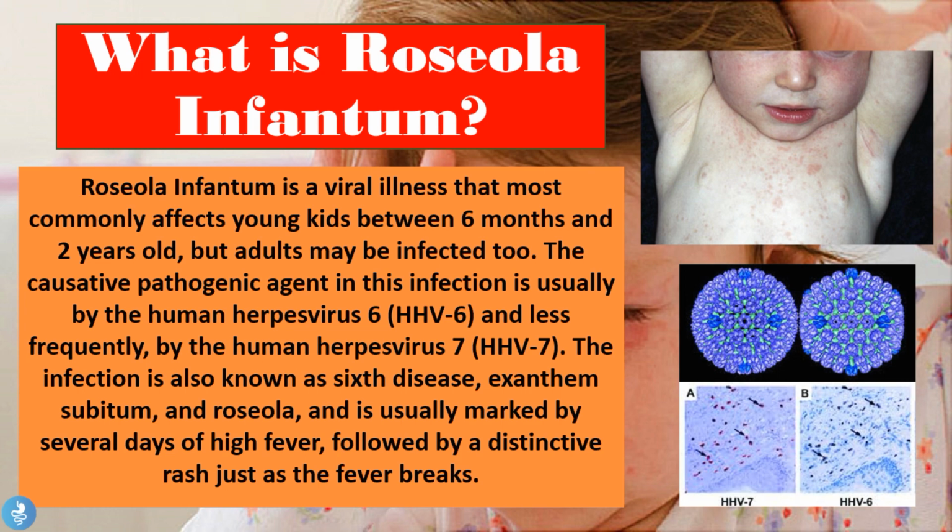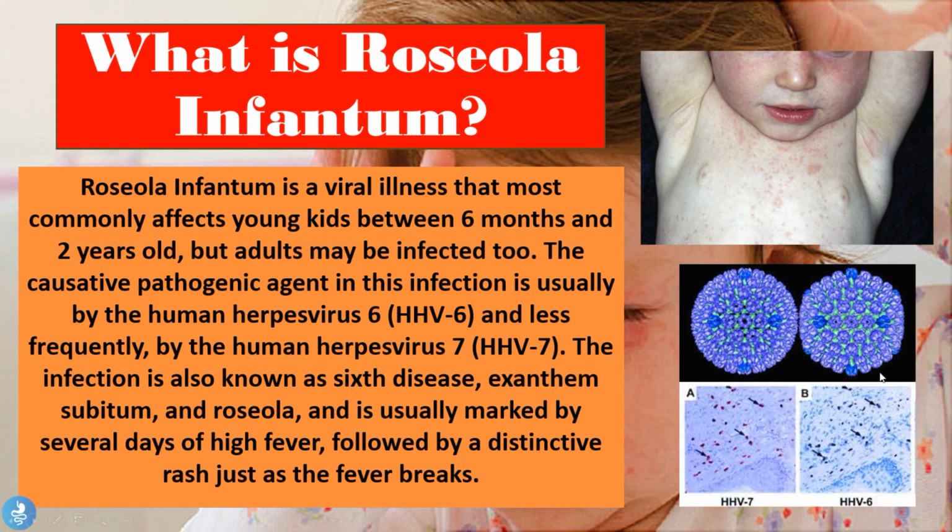So from this definition of Roseola infantum, we get that it's actually a viral illness that most commonly affects children under the age of 2, and more specifically kids aged between 6 months and 2 years old. The disease is caused by the specific viral agents called herpes virus 6 and less commonly herpes virus 7.